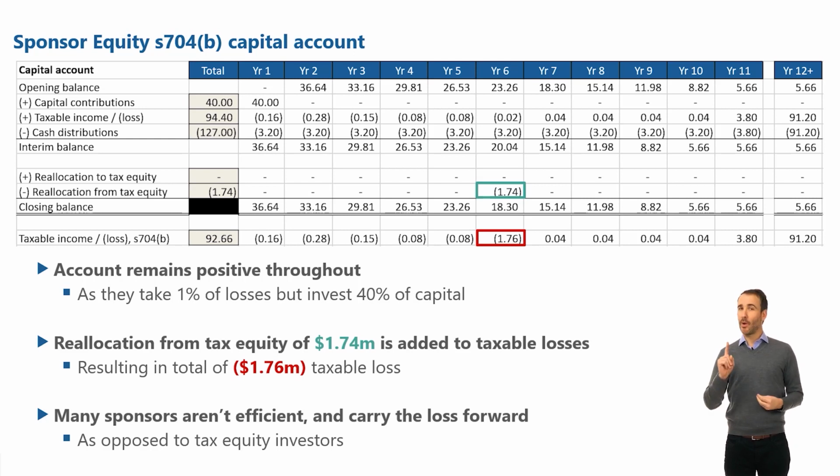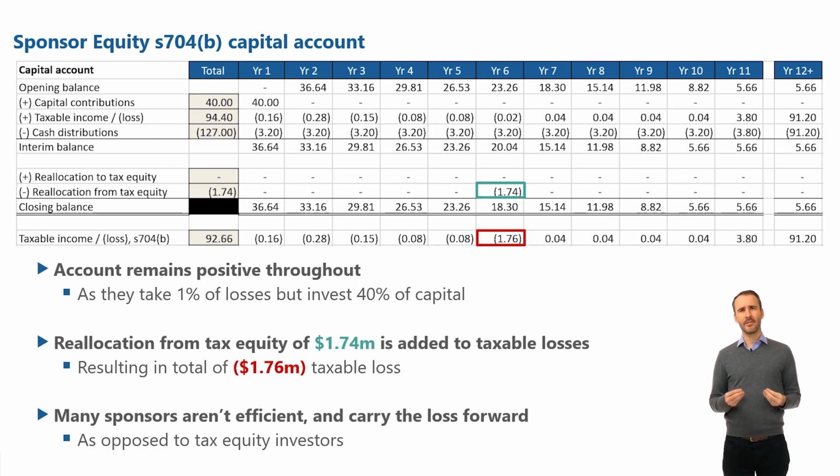The sponsor takes only 1% of losses but receives 95% of the positive income from year 11 to the end of the project in year 35. So its cumulative taxable income is 92.66 million, much higher than the cumulative taxable income to the tax equity investor.